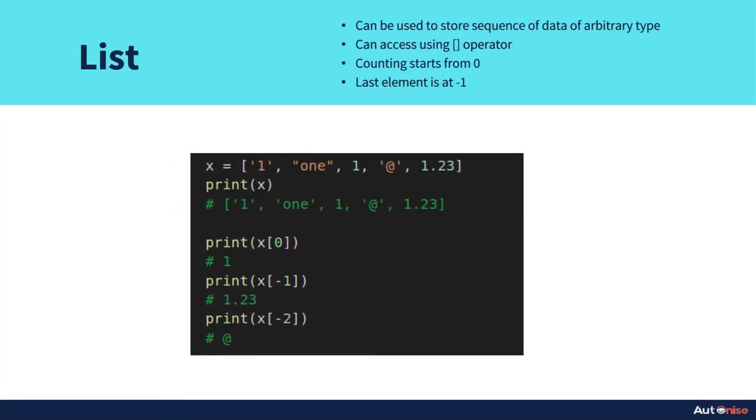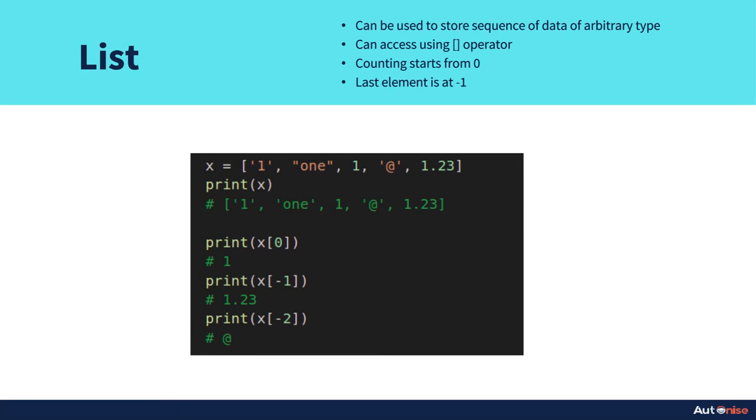To create a list, as we started with a variable, we give a name, then equals to, then we use a square bracket, and within the square bracket, we can put any kind of arbitrary type of data variables, and we can separate one variable from another using a comma.